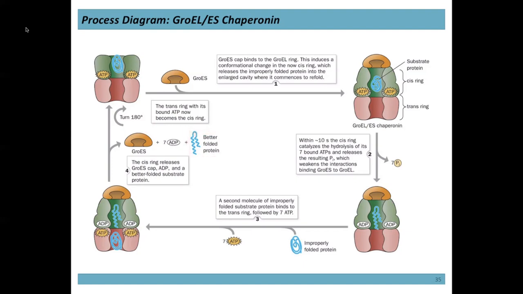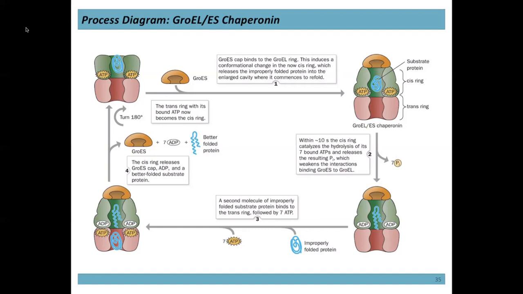That doesn't mean it's maximally folded in its best conformation, it's just better. What's happening in this interior is that you are helping those hydrophobic residues move from the exterior to the interior. So it goes through this cycle.